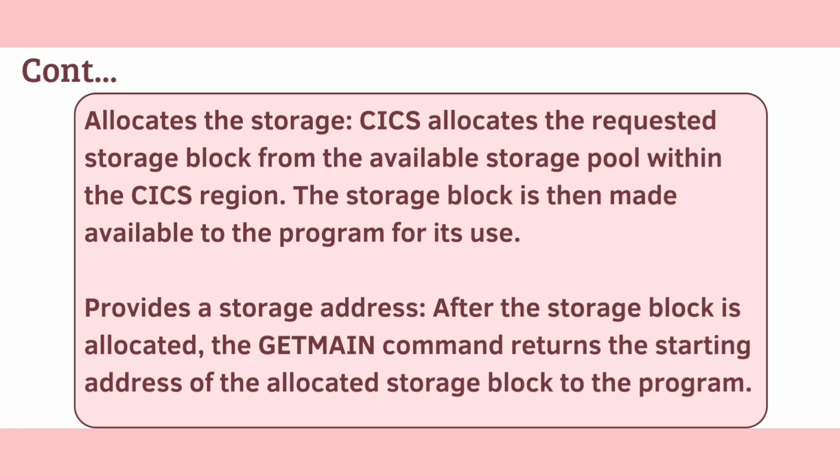Next is it provides a storage address. After the storage block is allocated, the GETMAIN command returns the starting address of the allocated storage block to the program. This address is typically stored in a working storage field or a pointer variable, which the program can use to access and manipulate the allocated memory.